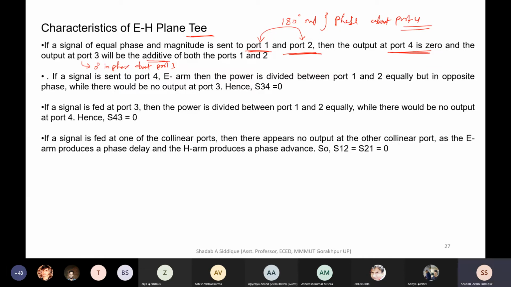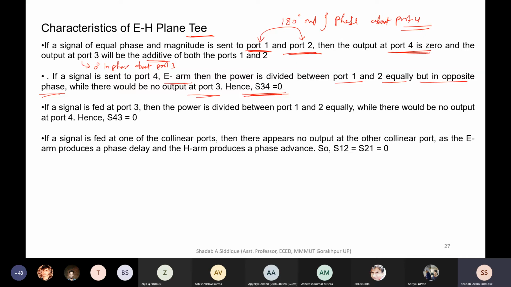Okay, so now the next point says if a signal is sent to port 4, you can say the E arm, then the power is divided between port 1 and port 2 equally, but they are in opposite phase because they are 180° out of phase, while there would be no output at port 3. There will be no transmission from port 3 to port 4.